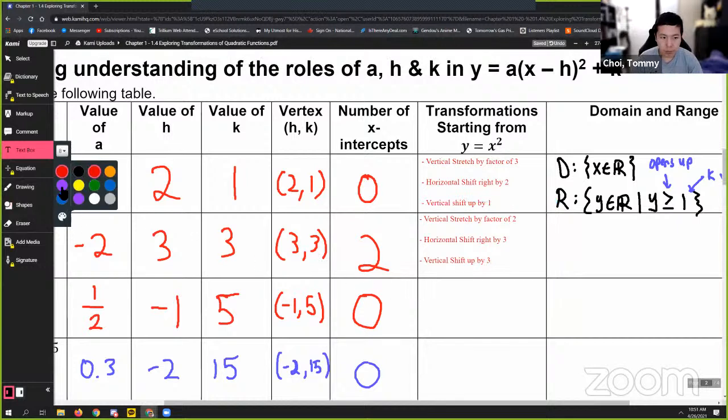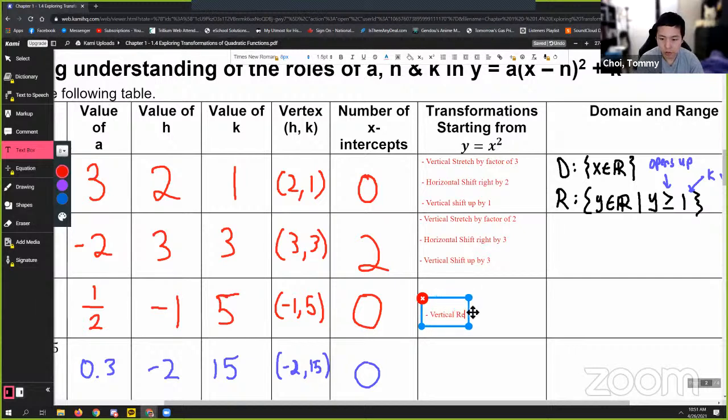And I do need to add one more, sorry, which is a vertical reflection. And I kind of have to stick that in there like this. Really weird way of doing it, but yes, there it is. So vertical stretch, vertical reflection because it's opening down, horizontal shift to the right by 3, vertical shift up by 3.